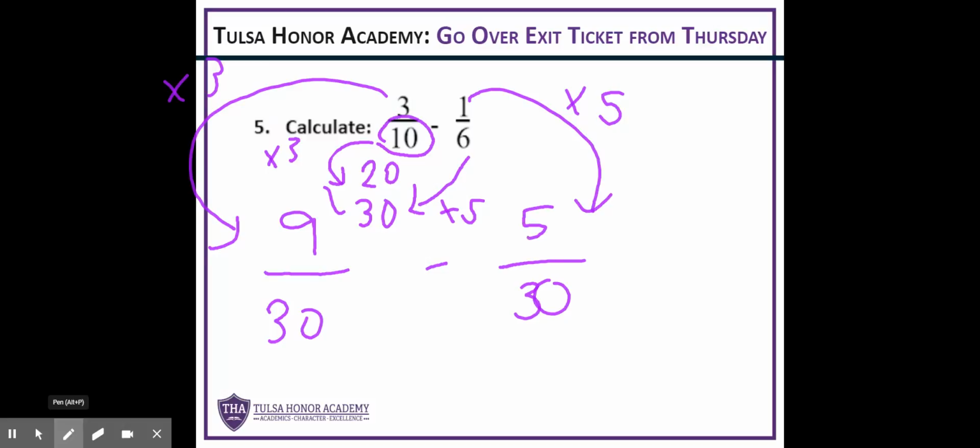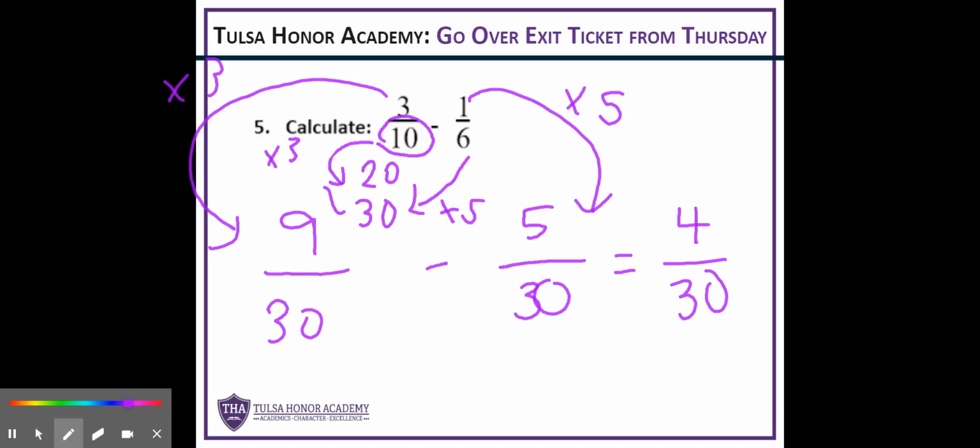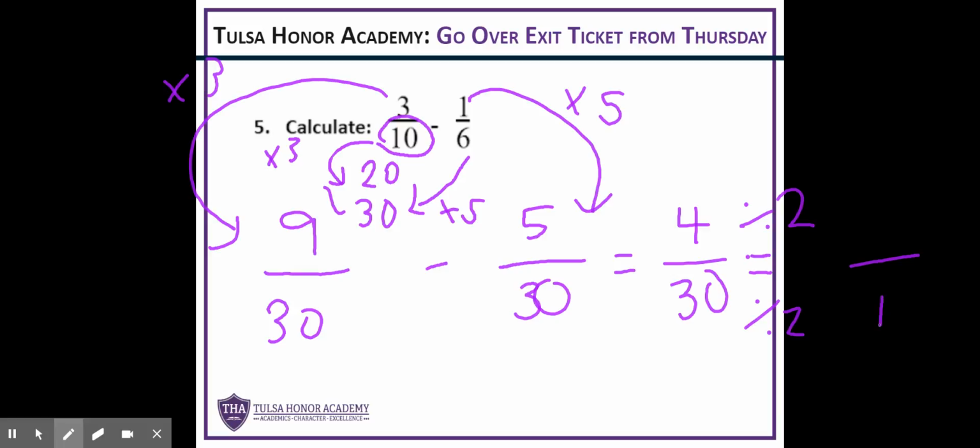So we have 9/30ths minus 5/30ths, which would equal 4 over 30. And then to simplify, I'm just going to divide both by 2, which would equal 30 divided by 2 is 15, and then 4 divided by 2 is 2. So our answer is 2/15.